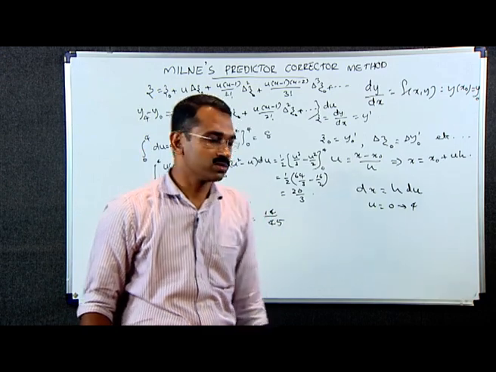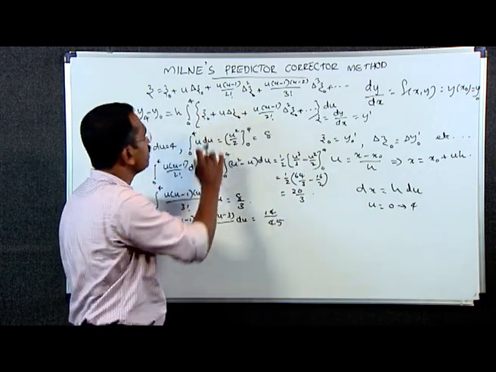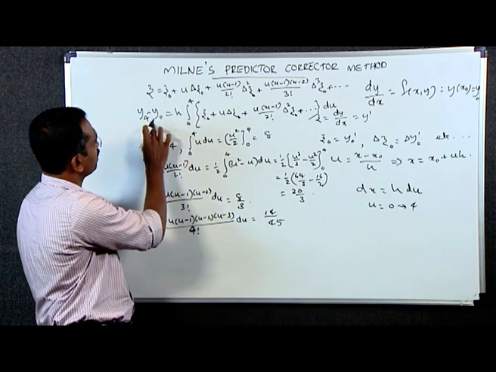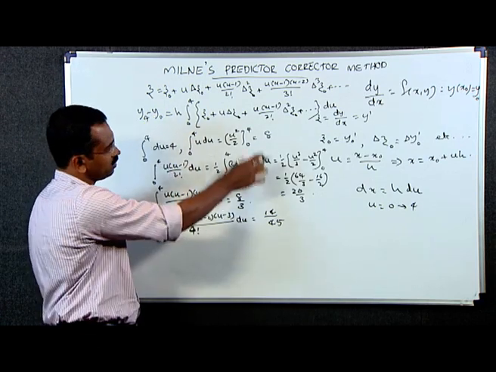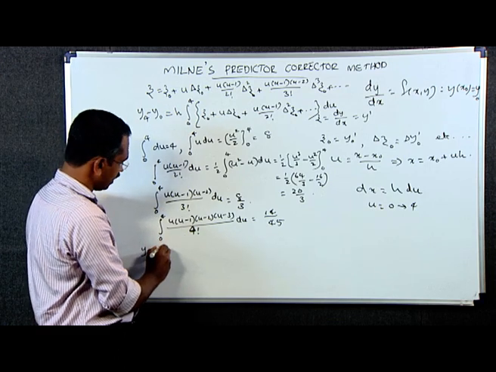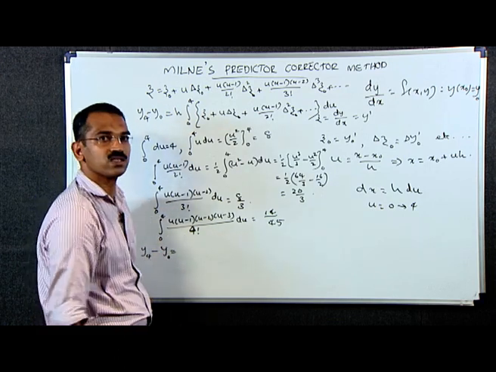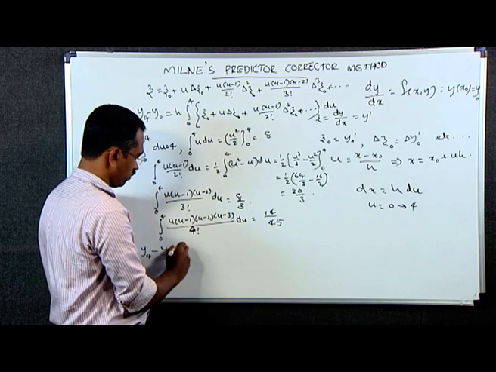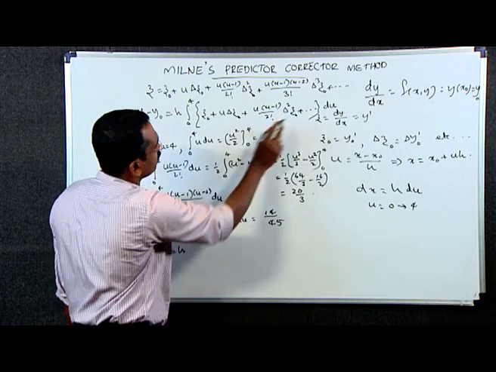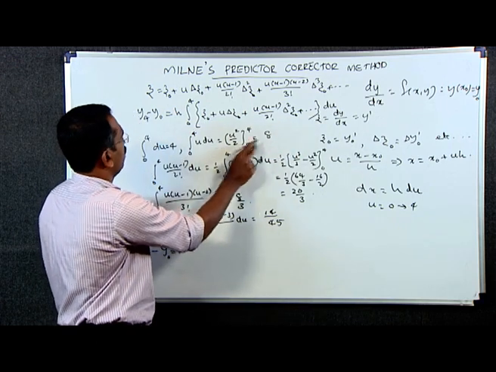Using these values, on substituting all these values, we will obtain y4 minus y0 is equal to h into, first term, integral from 0 to 4 of z0 du, that is 4.